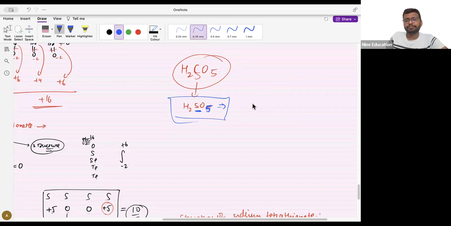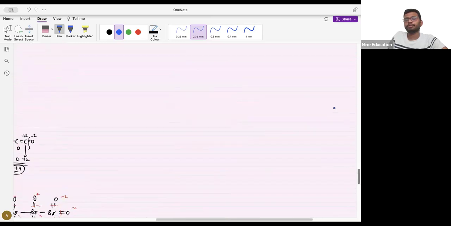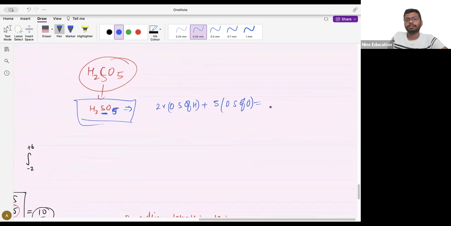See here how to do it. 2 times the oxidation state of hydrogen plus 5 times the oxidation state of oxygen plus the oxidation state of sulfur will give you 0.